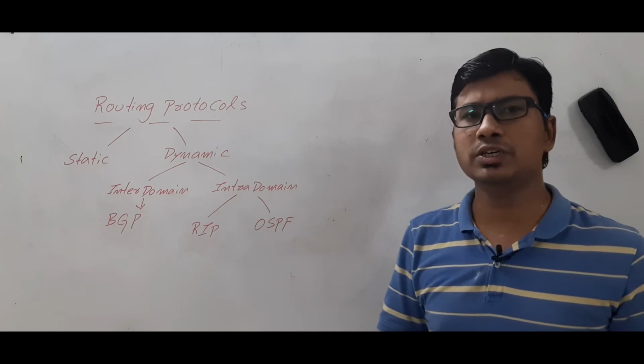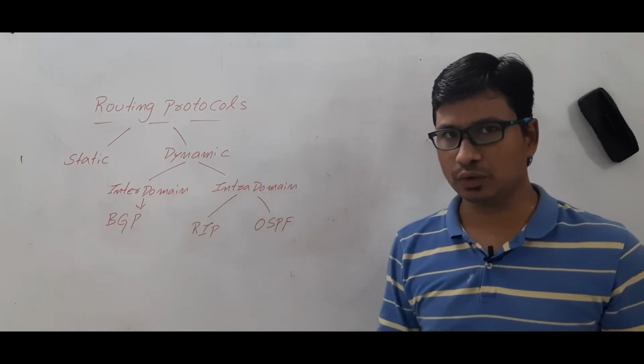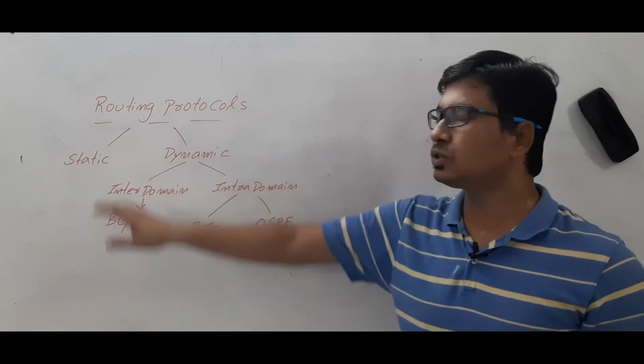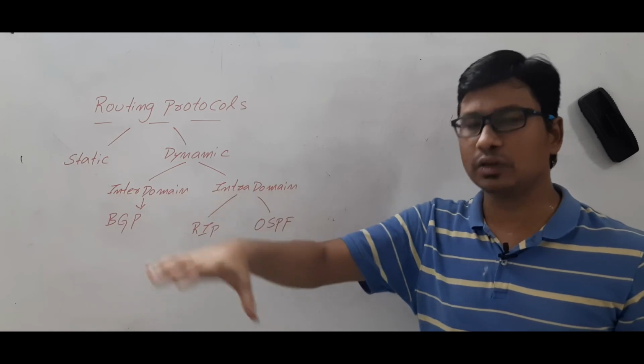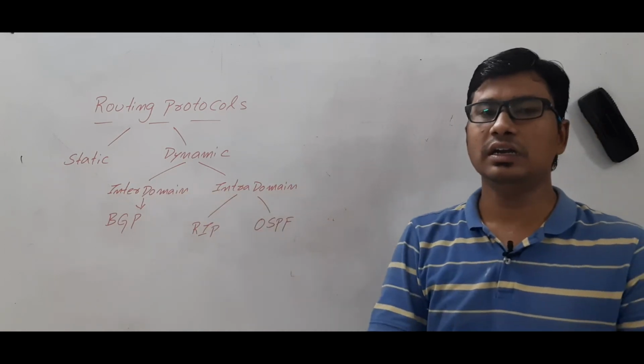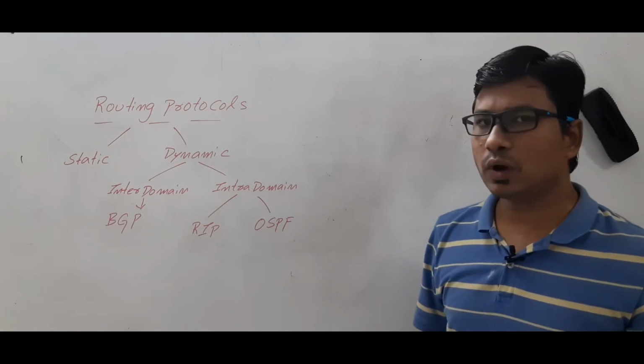What is the main objective of a routing protocol? To find the routing tables at each router. Am I right or wrong? When it comes to the static routing protocol, the administrator has to see the entire network and enter the details in each routing table. Are you able to understand? And then what is the problem?